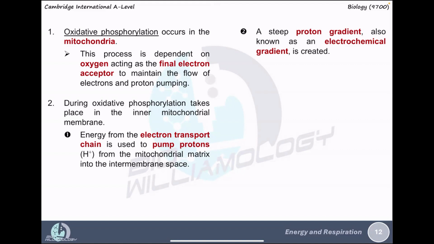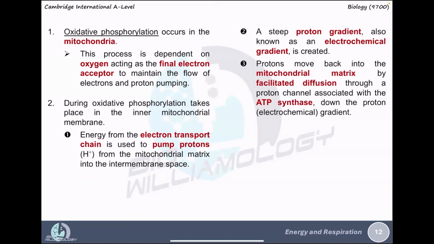What is meant by electrochemical gradient? It is due to the charge distribution. When the energy released through the electron transport chain pumps the protons from the mitochondrial matrix into the intermembrane space, there is an accumulation of protons in the intermembrane space. There are a lot of positively charged ions, protons, at the intermembrane space compared to the mitochondrial matrix. This kind of gradient is known as an electrochemical gradient.